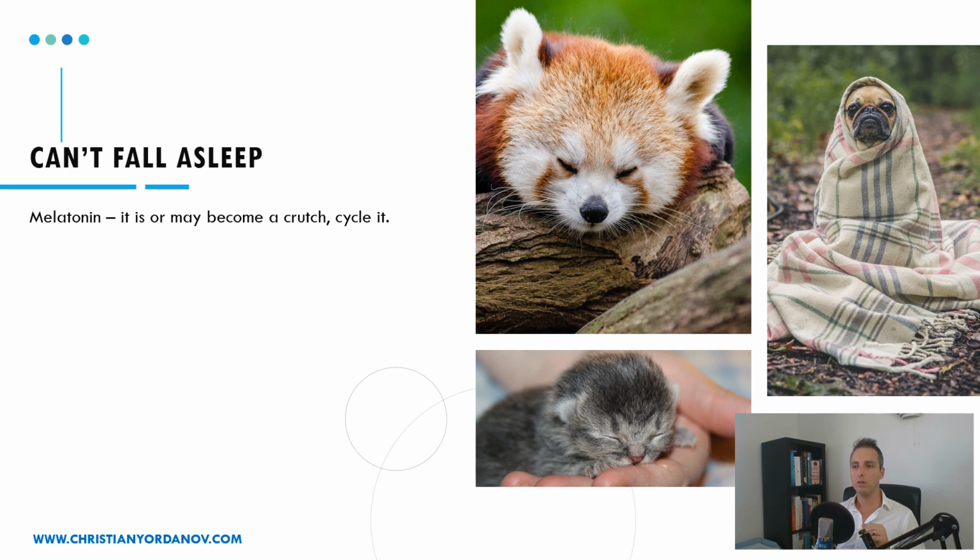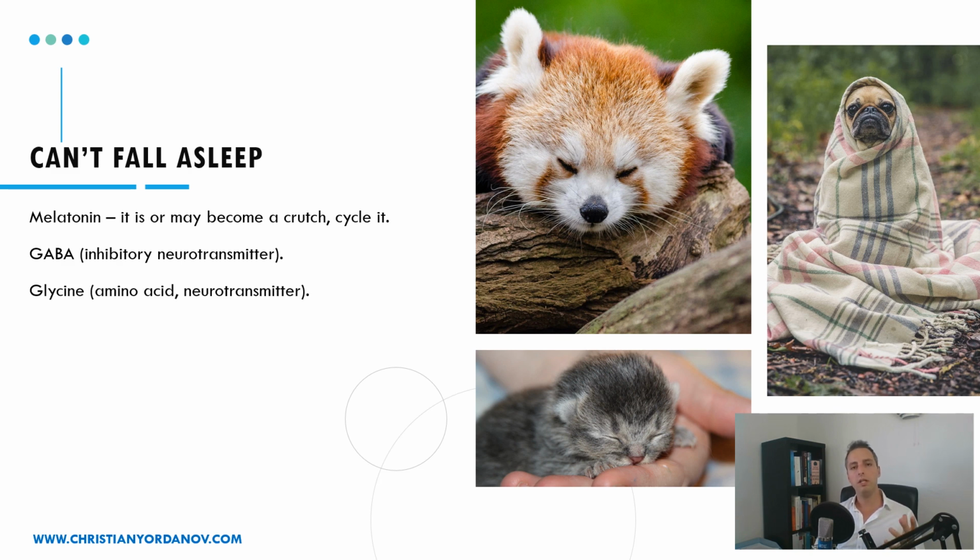Okay, so we covered melatonin as a supplement. There's a few other supplements if you cannot fall asleep that can help you. There's one called GABA, G-A-B-A, gamma aminobutyric acid, which is an inhibitory neurotransmitter. It really helps with calming down the mind, and basically puts you in what's known as a parasympathetic state. So that's something you can buy in most supplement stores.